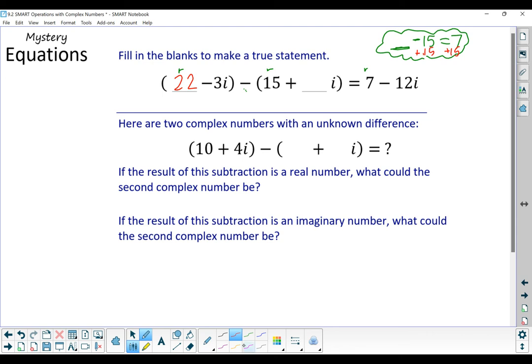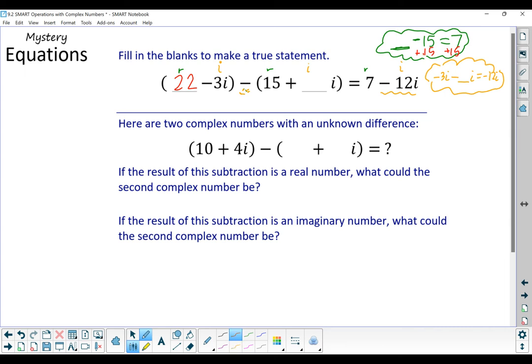Okay, so then we want to switch to thinking about the imaginary part. We've got a negative 3i, and we're subtracting, don't lose that minus symbol there, something to get a negative 12i. So if I wrote out an imaginary equation here, it would be negative 3i minus something i gives me negative 12i.